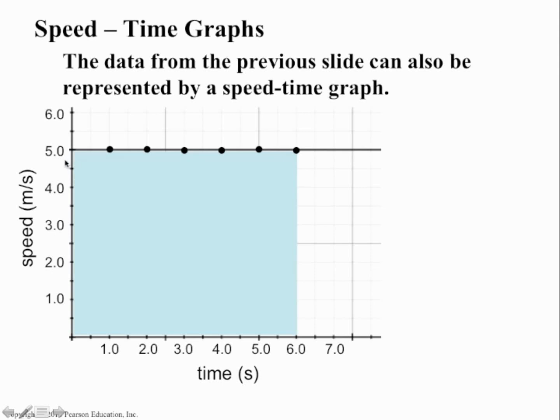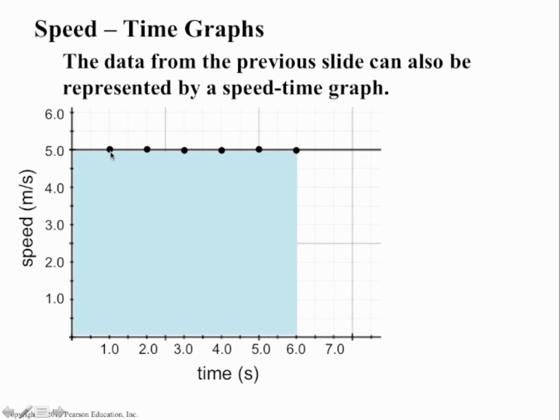Since the speed that we've already found from the previous slide is 5 meters per second, and that's a constant speed, notice that at each second we are still at that same speed of 5.0 meters per second. It doesn't change.